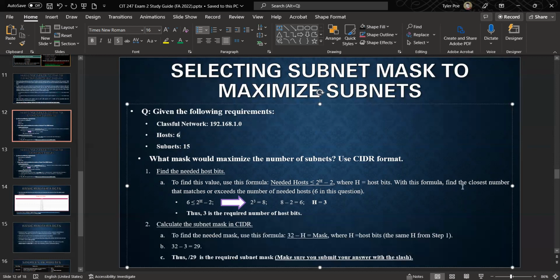With this formula, we'll find the closest number that matches or exceeds the number of needed host bits, which is 6 in this question. So 6 is less than or equal to 2 to the power of h minus 2.